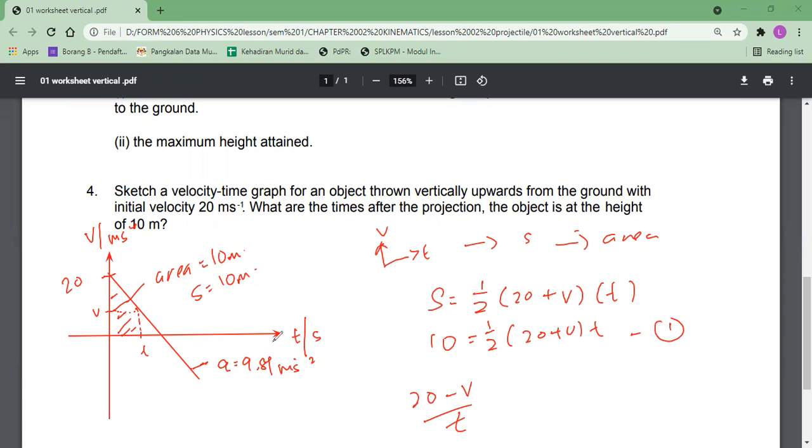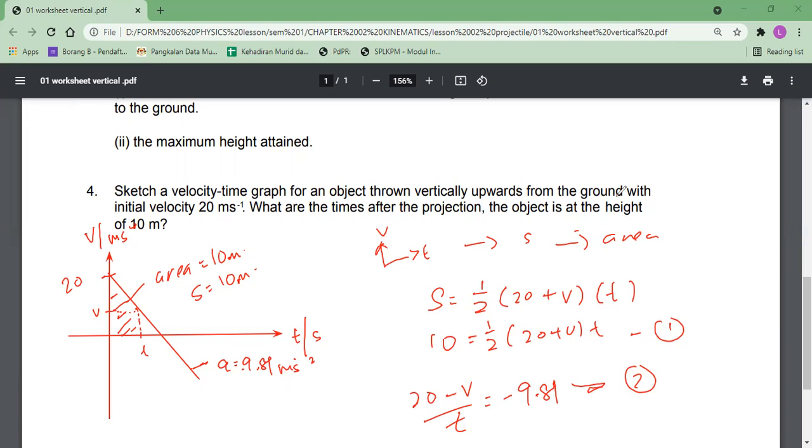Because the gradient is negative, no matter how, we use the formula 20 minus v over the time, and we get that it will be equal to negative 9.81. So this will be equation 2.